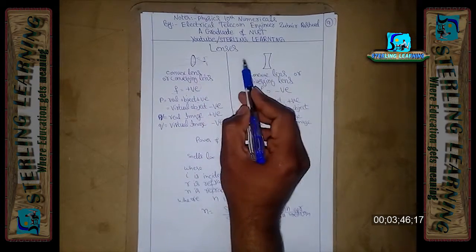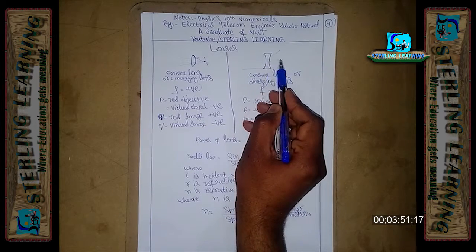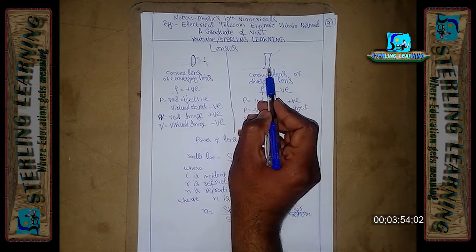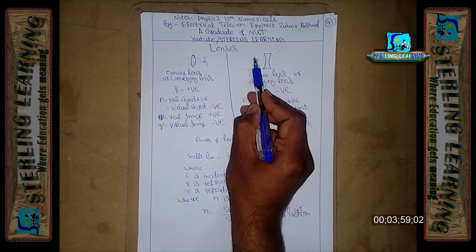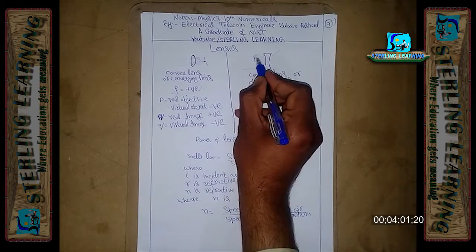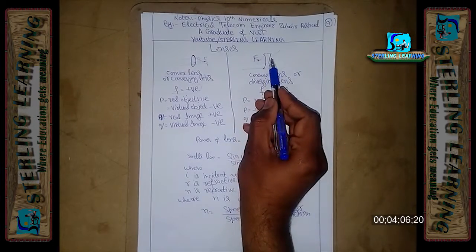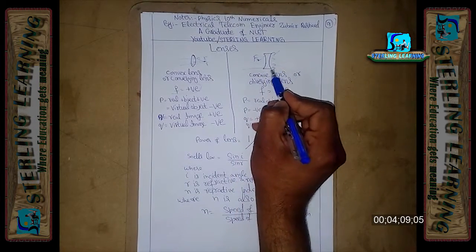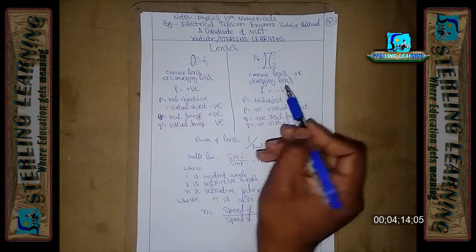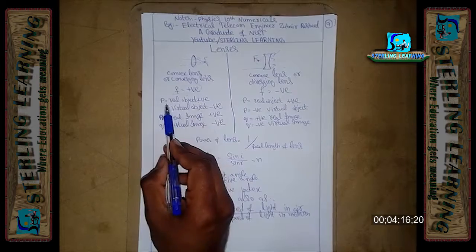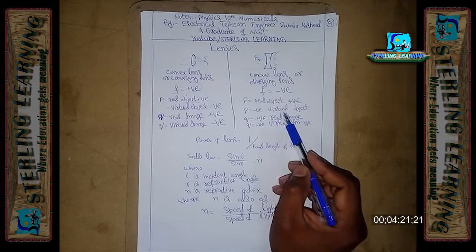But in a concave lens, the light strikes and gets scattered, and imaginary lines are drawn backward, so the focal point is behind the lens, on the opposite side from where the light is going. That is why it is negative. P is a real object, positive. These conventions are the same as before.